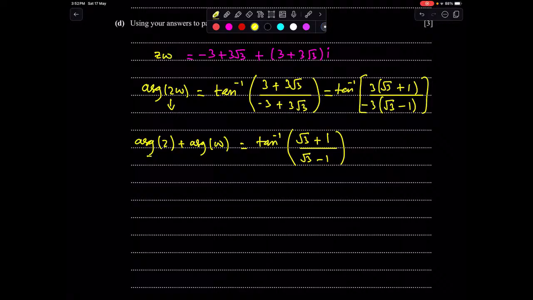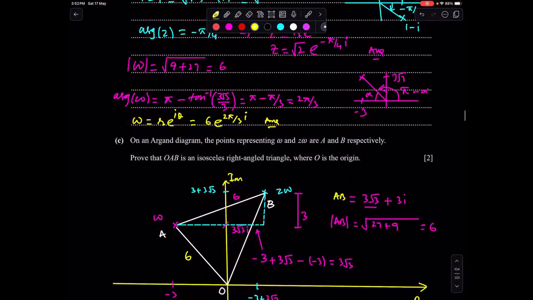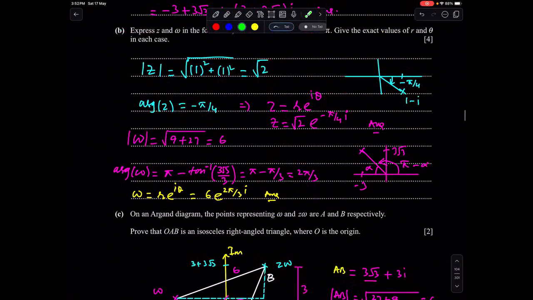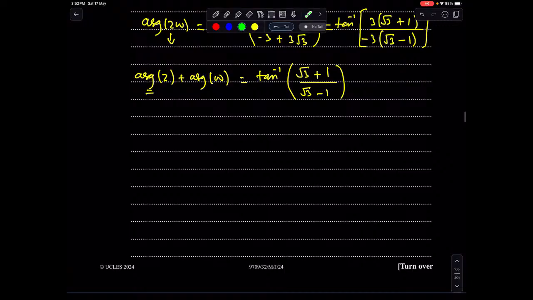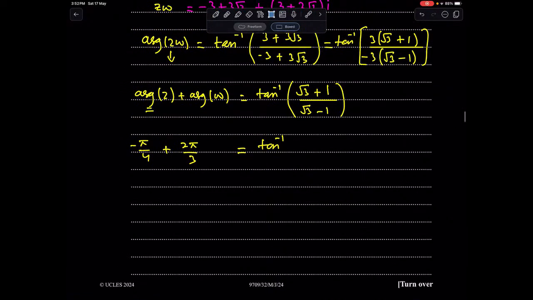Now argument z, we found this in part B, it's minus pi by 4, and argument omega is 2 pi by 3. So minus pi by 4 plus 2 pi by 3. And here we have tan inverse, same thing in fact. Just copy this.